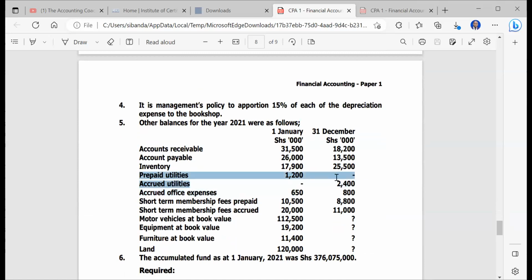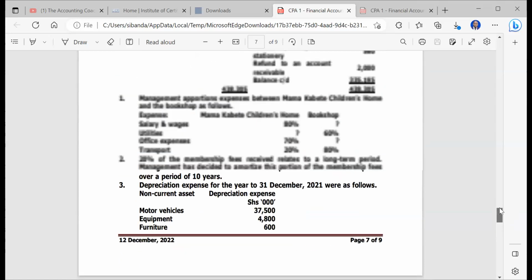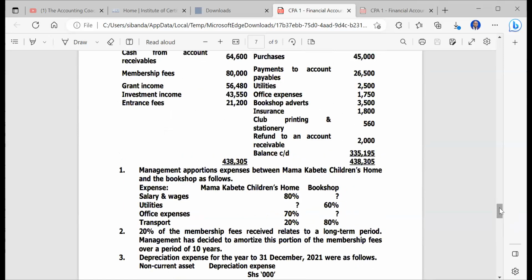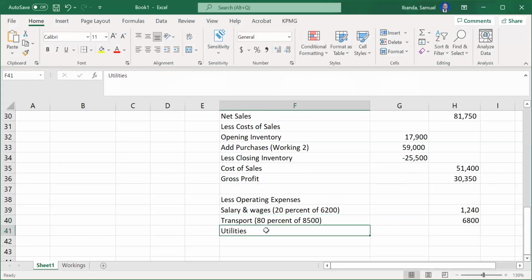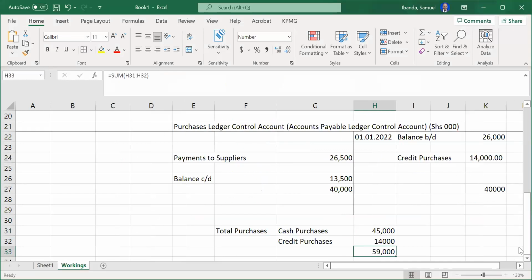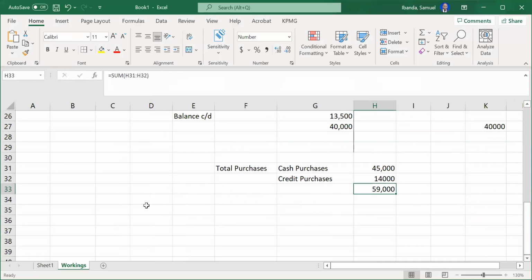You have prepaid utilities, you have accrued utilities. Now all that information is very important. So what I'm going to do, and I want you to look very critically for this. It requires a lot of your attention. So I'll put my utilities there and I'll come to my workings, working 3.